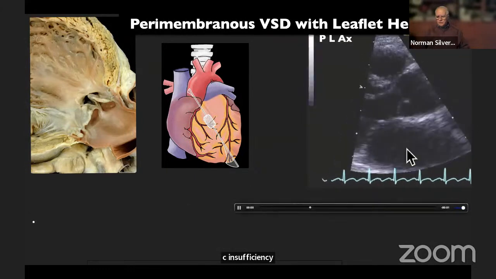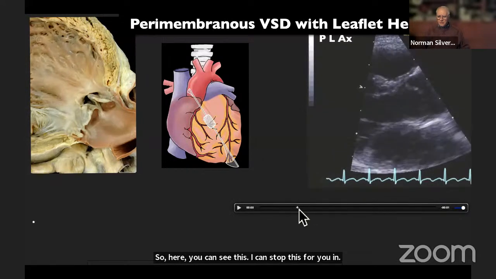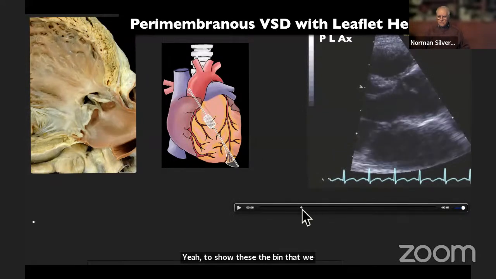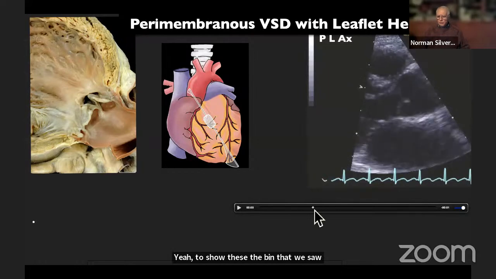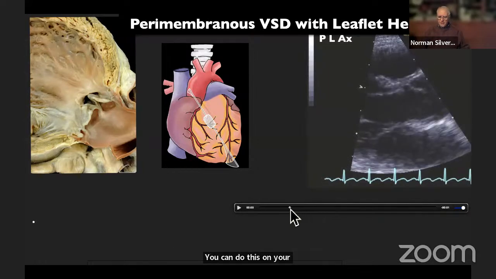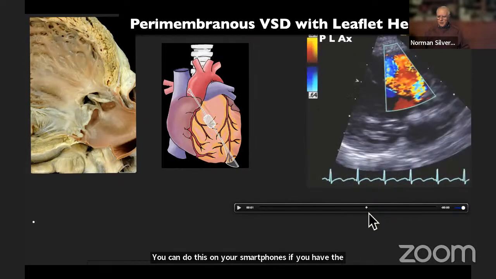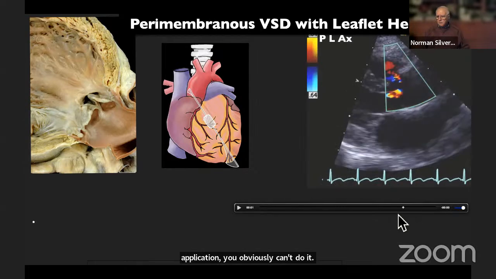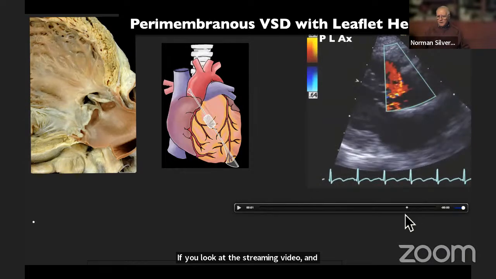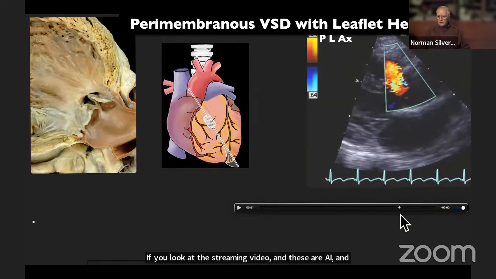So here you can see this. I can stop this for you to show. There's the bend that we saw. You can do this on your smartphones if you have the application. You obviously can't do it if you're looking at the streaming video. And there's the AI, and there's the ventricular septal defect.